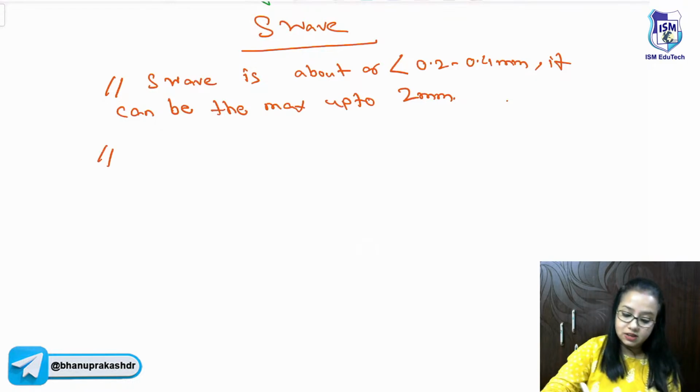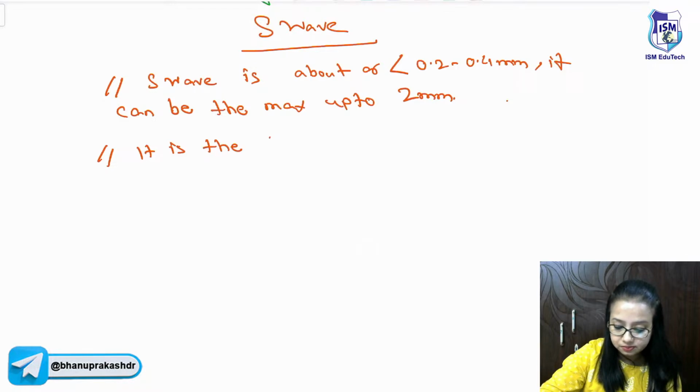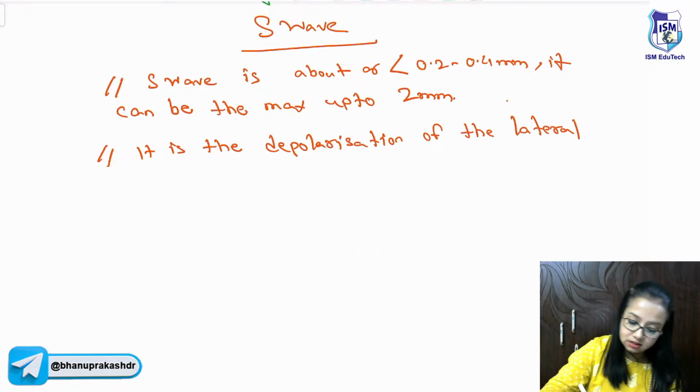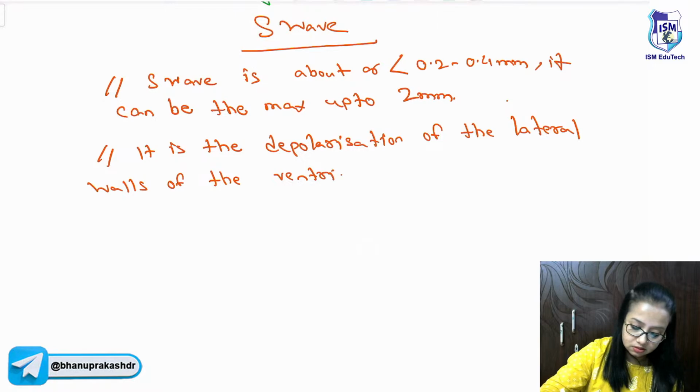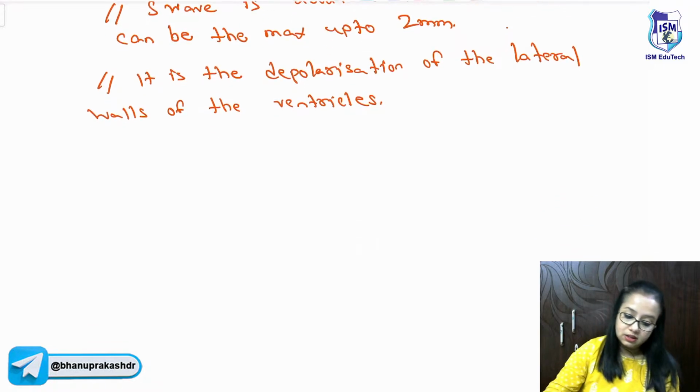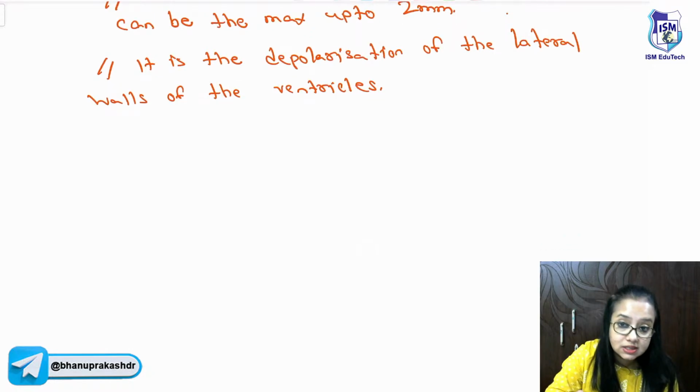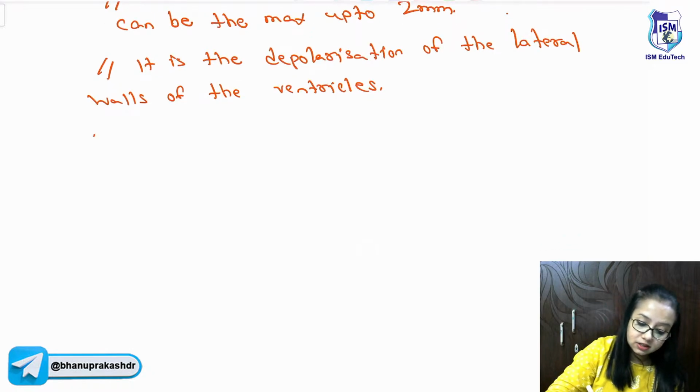What does it signify? It is the depolarization of the lateral walls of the ventricle. Okay. Now, S wave, why is it particularly important?